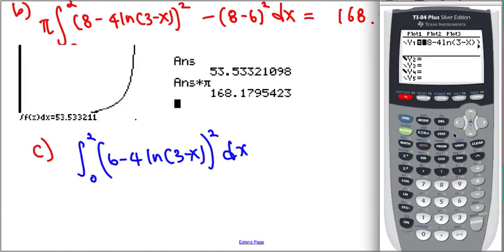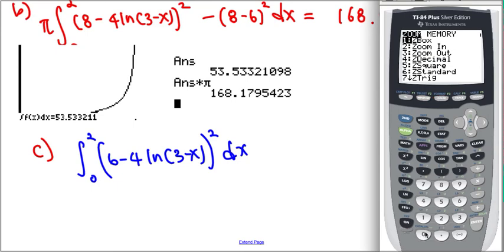So here, y equals, then we're just going to go back to 6 minus 4 ln of, okay, everything looks very nice. That's right, we have to square it. But we cannot have the minus 4, so we're just going to delete that portion. That's it. And we're going to get a value that goes something like this.